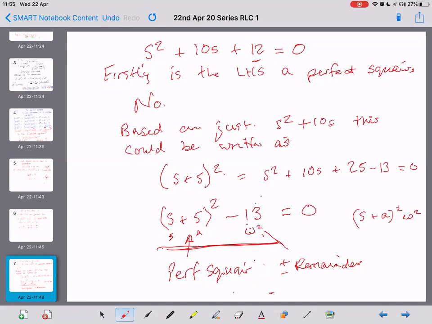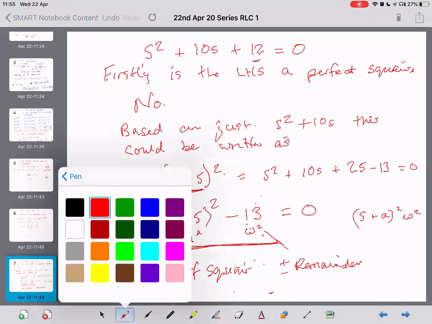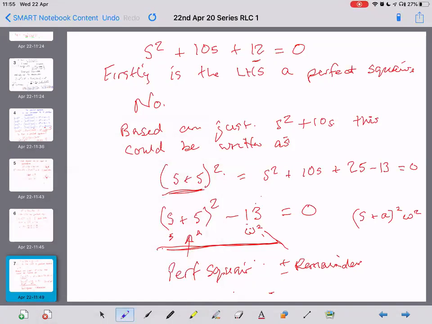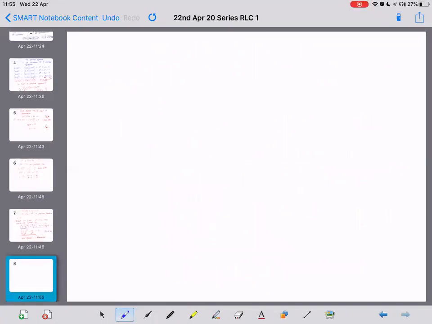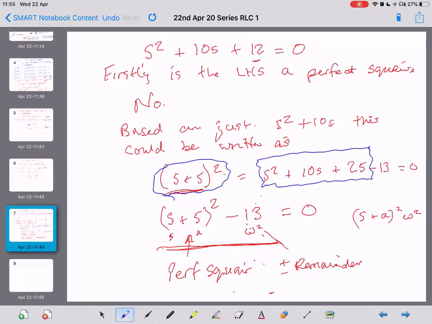When we write the perfect square here, that bit multiplied out gives us that bit. So that's a perfect square, but our expression hasn't got 25 as the constant up here.